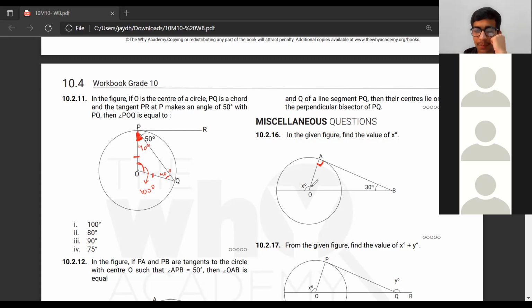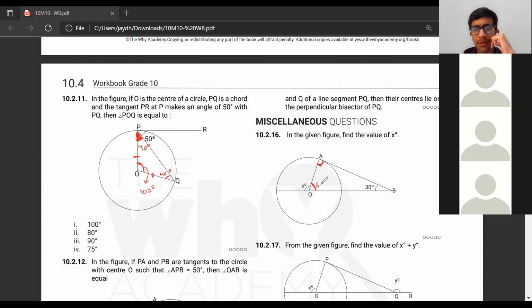Achha, tell me why this will be 90 degrees. Because of theorem 1, the radius is always perpendicular to the tangent. All right. So what will be the measure of this angle then? It would be 60 degrees.